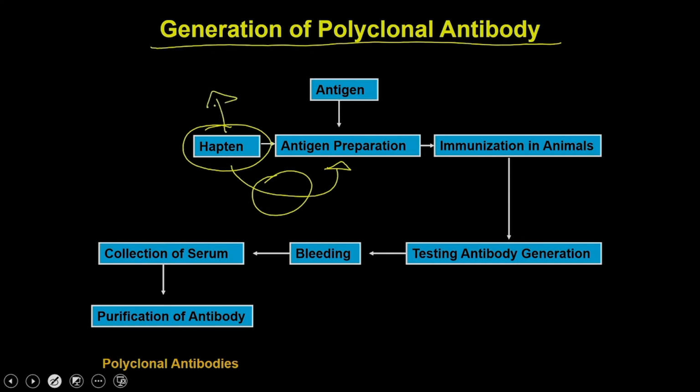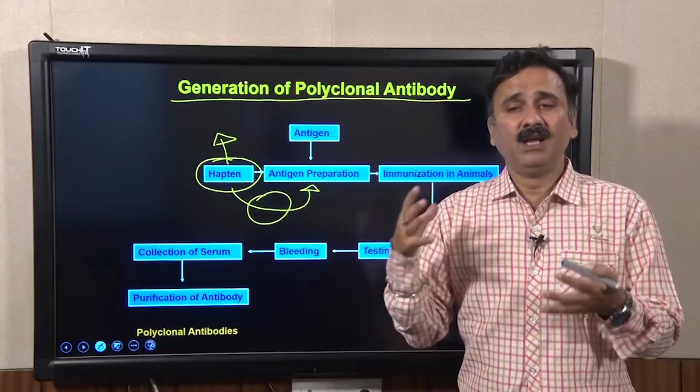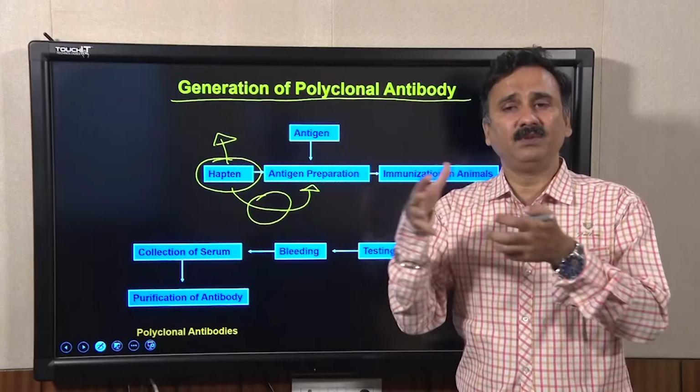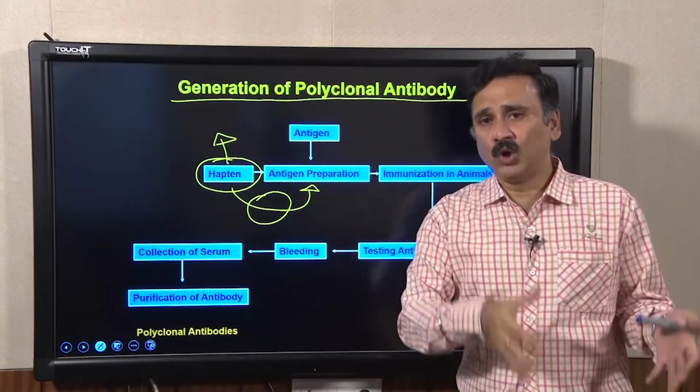Haptens are antigens which are non-immunogenic. You can have antigens which are immunogenic, which means they can create a robust immune response, or antigens which are non-immunogenic.